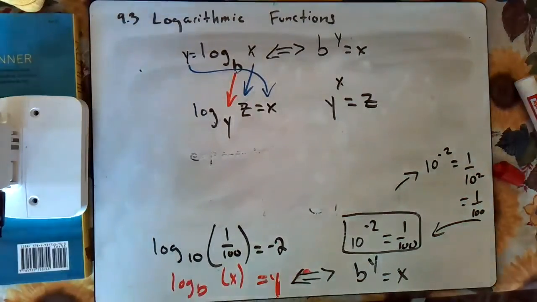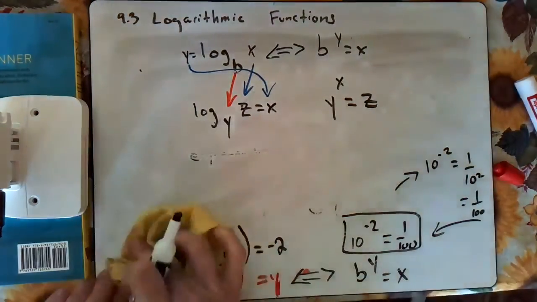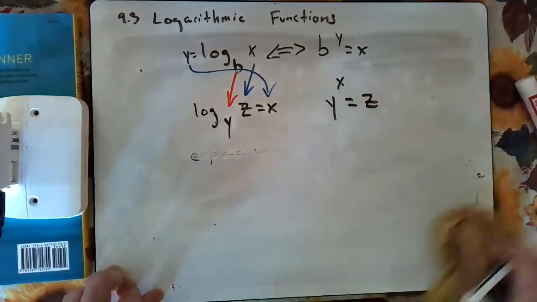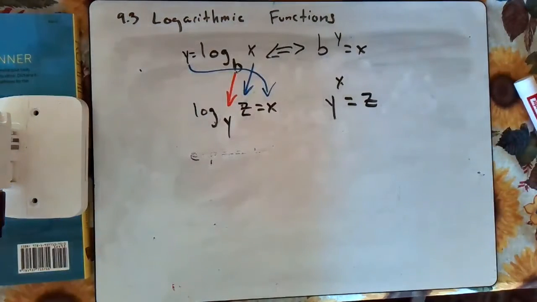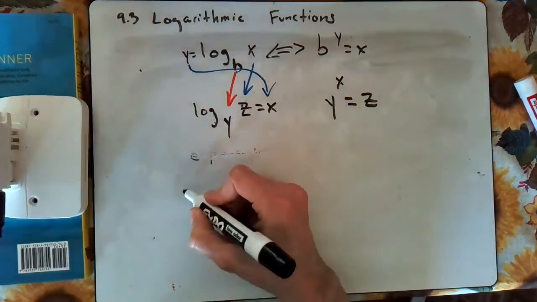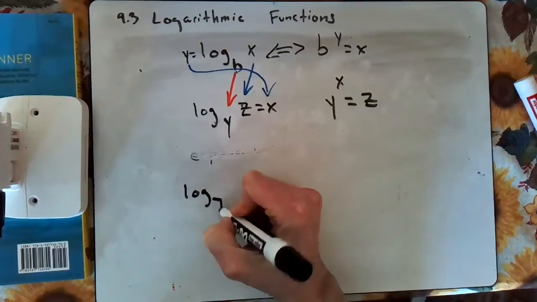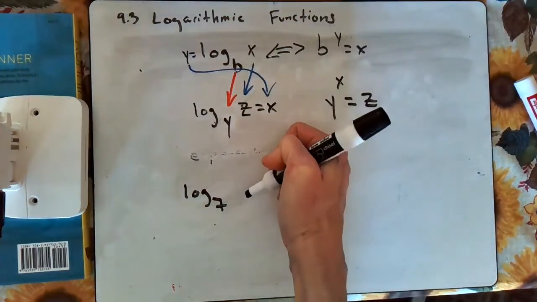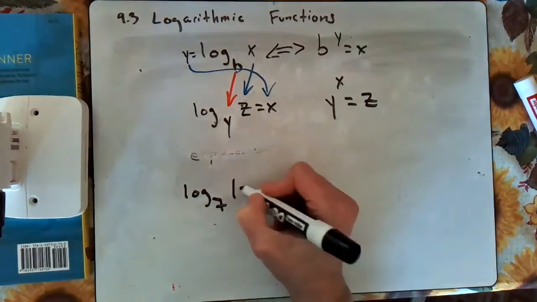Now, what if we had, say, log base 7 of 1 equals 0.